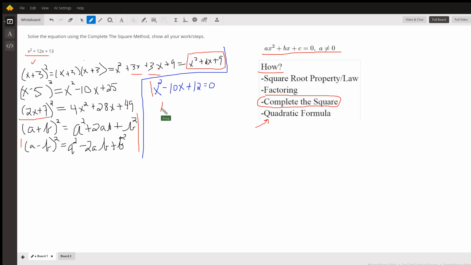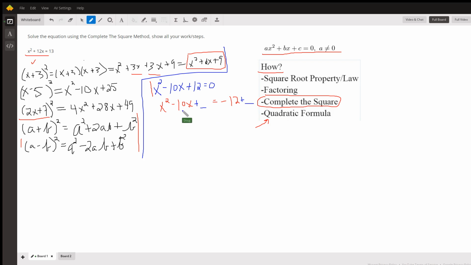Here's the technique. Take the constant term to the other side by subtracting 12 in this case. How do you turn the left side into a perfect square trinomial? We're going to leave a space right here for completing the square.